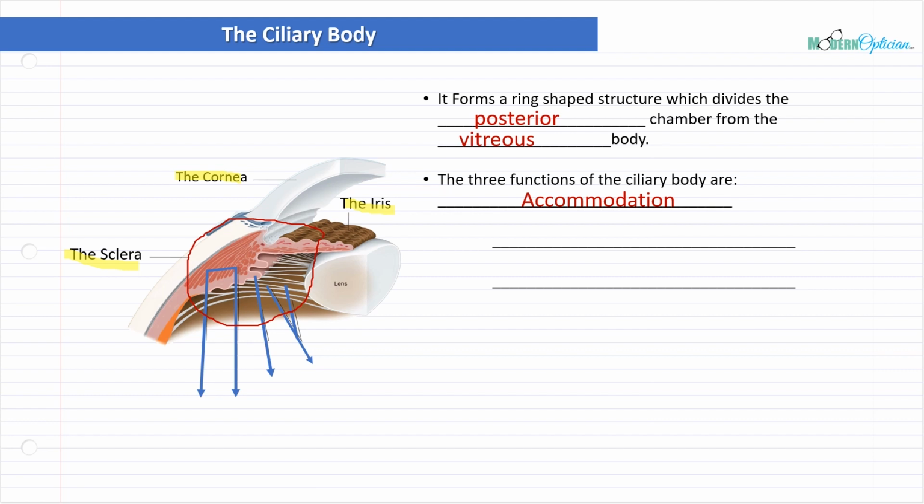If we had to do a top 5 list of important concepts for opticians, accommodation is definitely up there, probably in the top 2. The ciliary body plays a huge role in accommodation, and also a huge role in aqueous humor production.